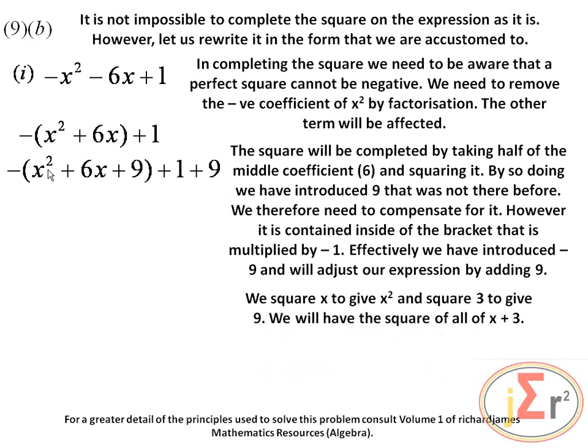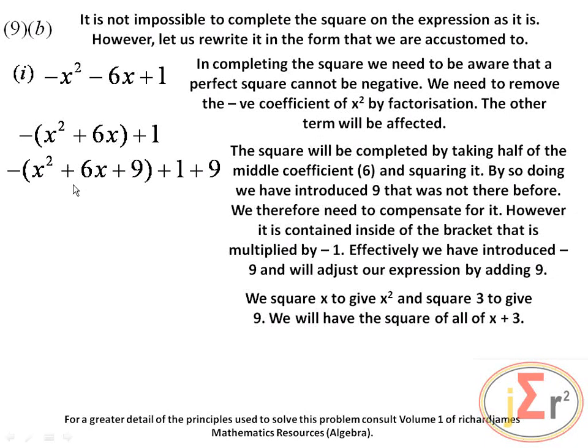In writing the perfect square equivalent of this trinomial, we need to be aware that the term that we square in order to get x squared is x. And what did we square to give 9? 3. As a matter of fact, if we square a negative 3, we will get 9, and if we square a positive 3, we will get 9.